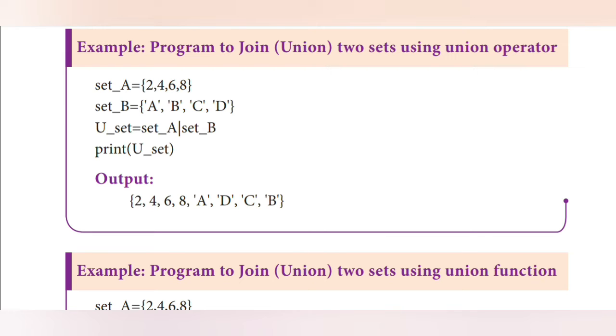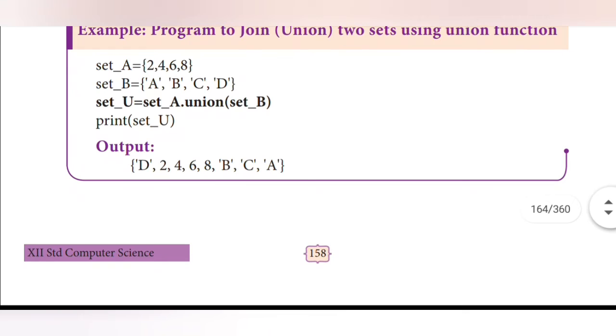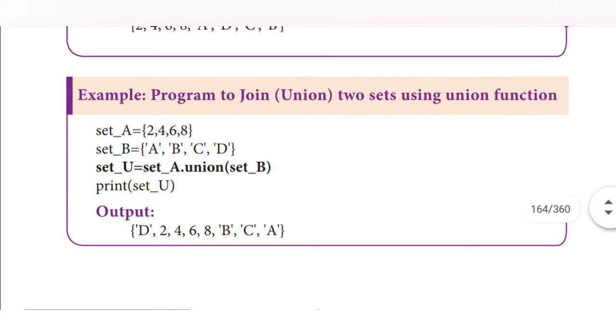Either we can use the pipe symbol, or we can use the function union. Now you can see in this example, instead of using the pipe symbol, we are using the function name union. Set_U is also a variable name, and the underscore is used to separate the words in variable names. Set_U is equal to set_A.union(set_B).